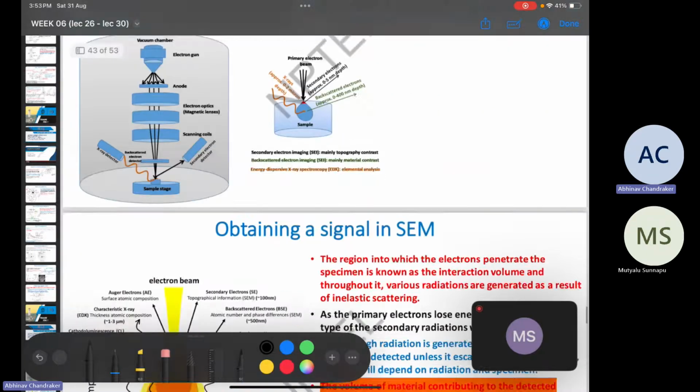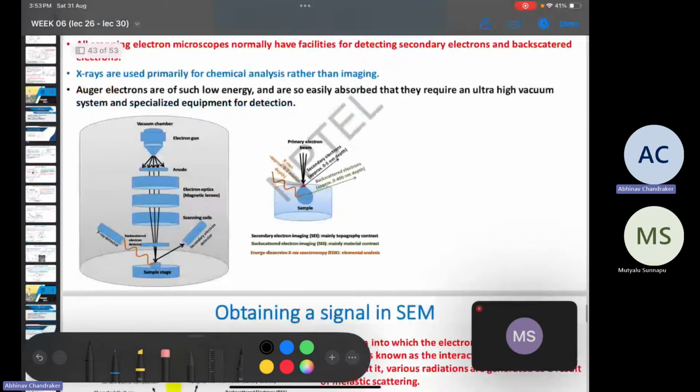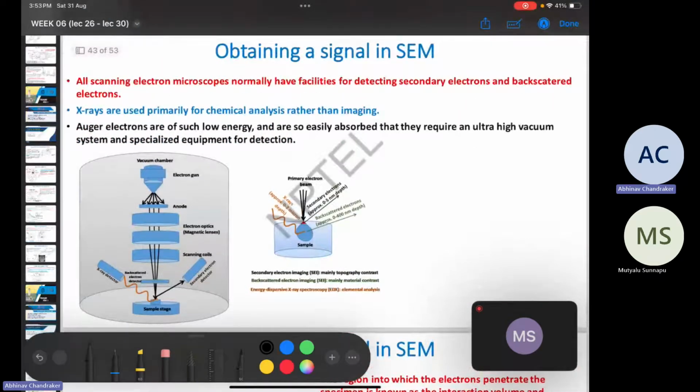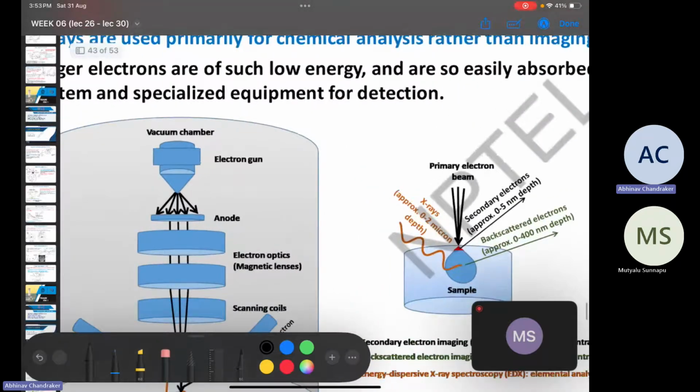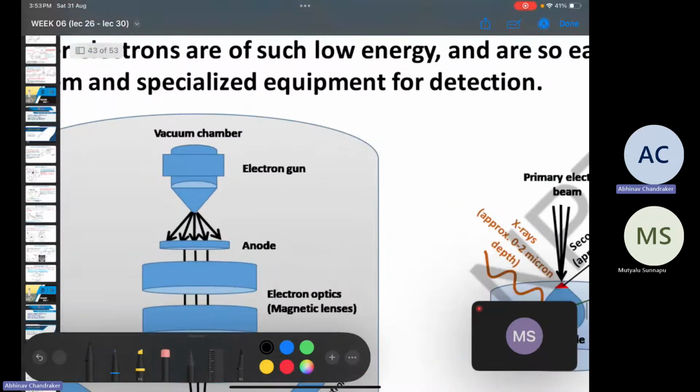I think we have not talked about the electron gun arrangement, so maybe we can spend a bit of time on that. It's not shown here, but in an electron gun we have basically a filament, in case of a thermionic gun, which is heated using a filament current of a high value.